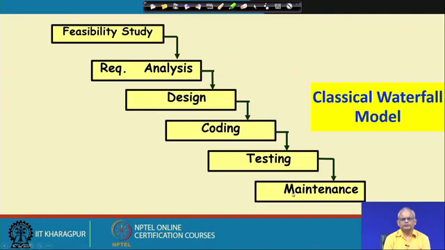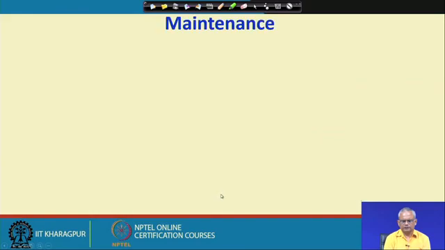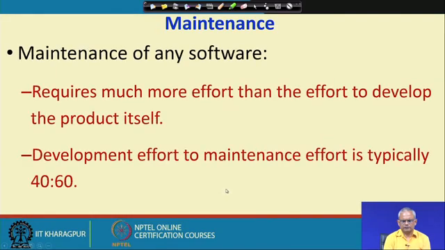where if there are any bugs reported by the customer, they may get fixed, enhancements and so on. The maintenance phase continues for quite a long time. We said earlier that maintenance takes maximum effort, much more than the effort required to develop the product itself, because maintenance occurs over a long time.